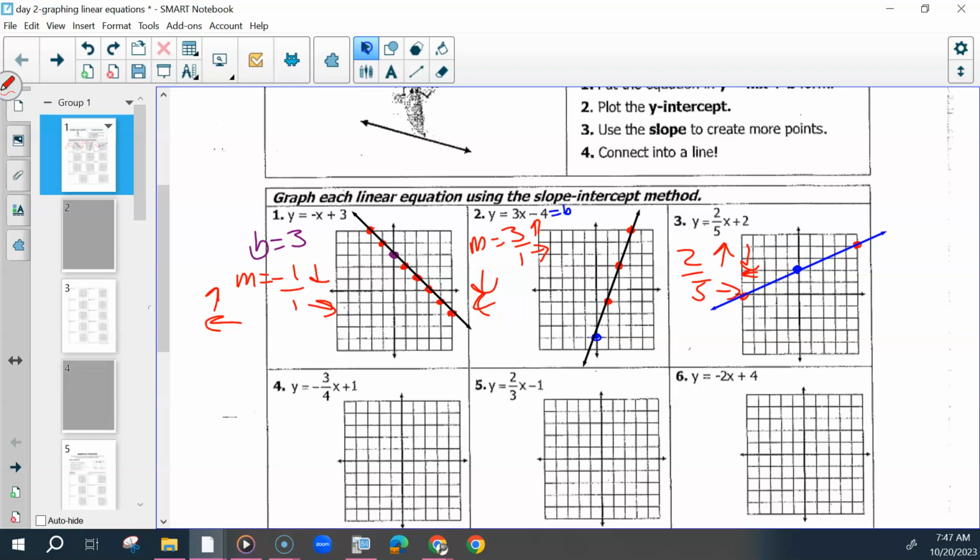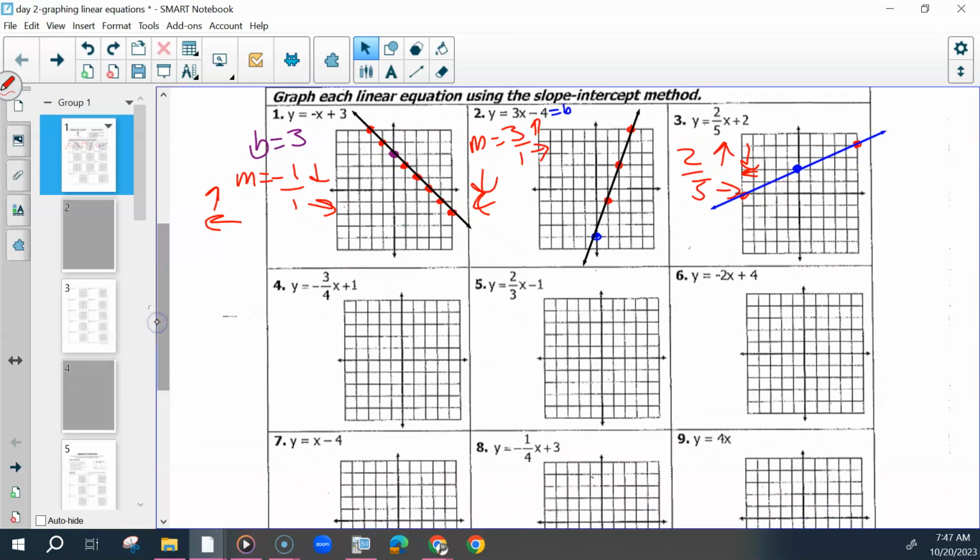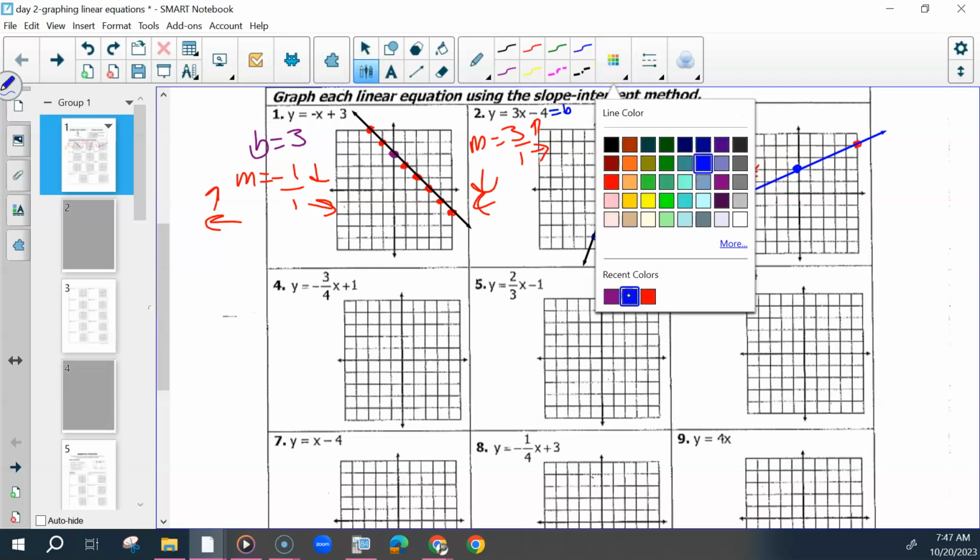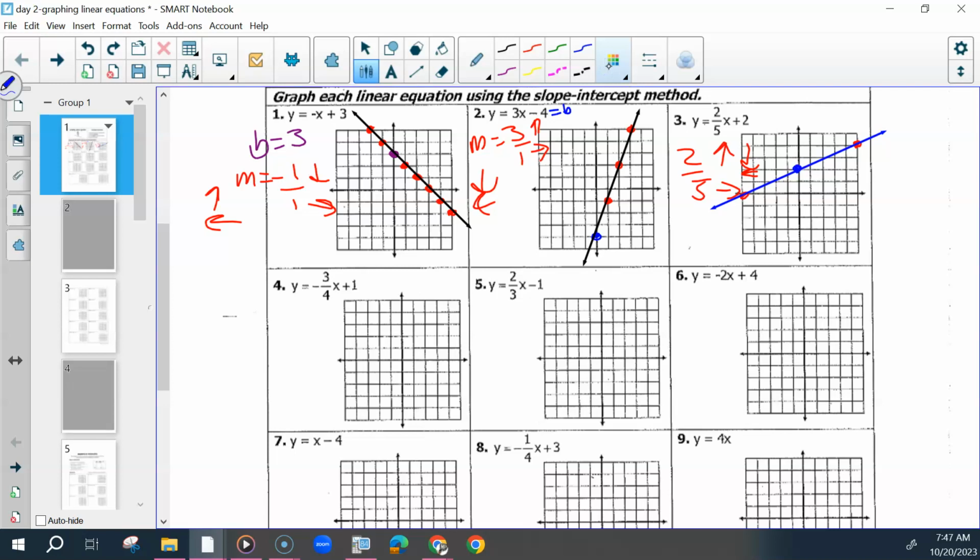We're going to do one more and then go over any you want to see in this section and then move on. Y-intercept for number 4? Positive 1, so put a point there.